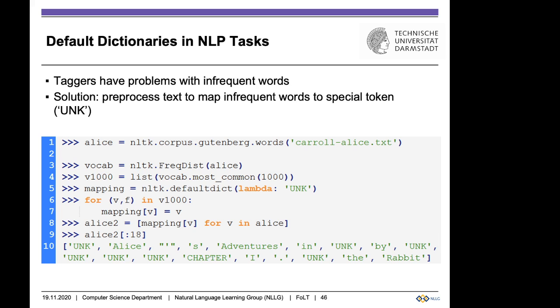Then we iterate over every single word in the text corpus. Then we check if this word is found in the mapping dictionaries. If so, we will print the word itself. If we cannot find it in the dictionaries, then we will print the default token UNK defined in the dictionary.